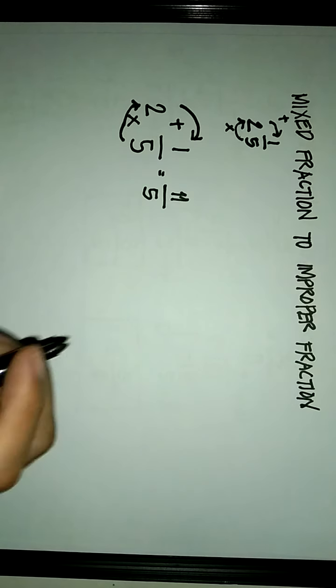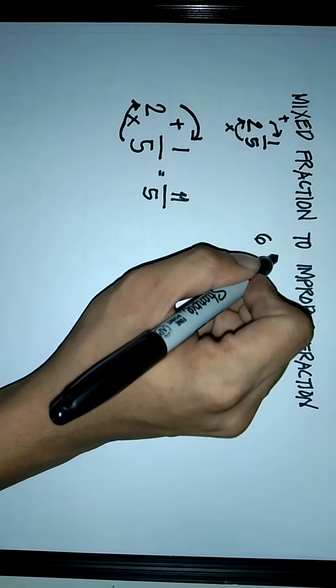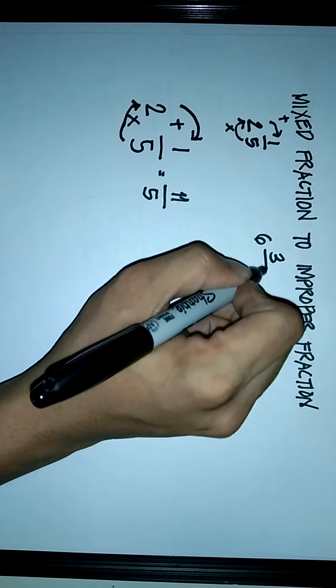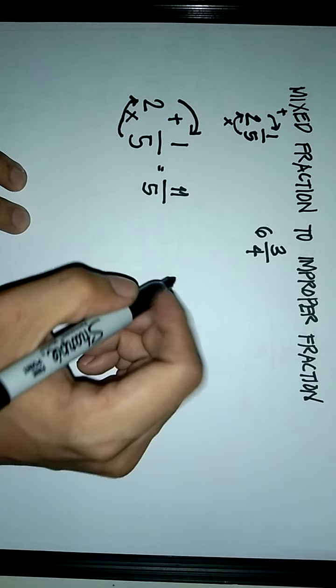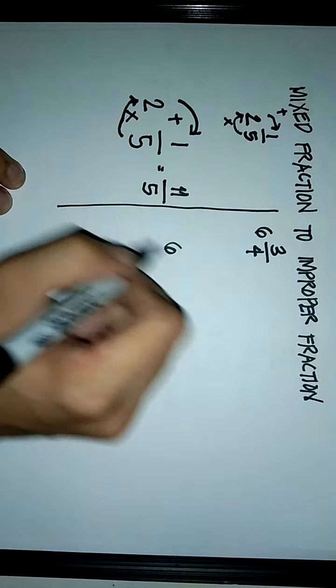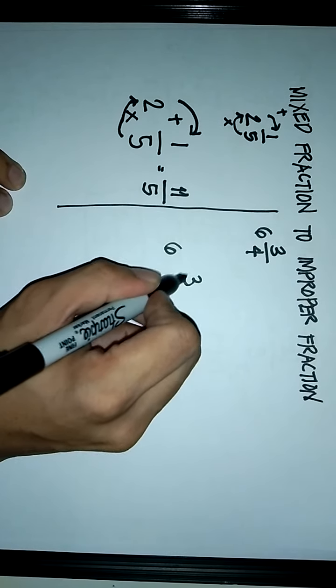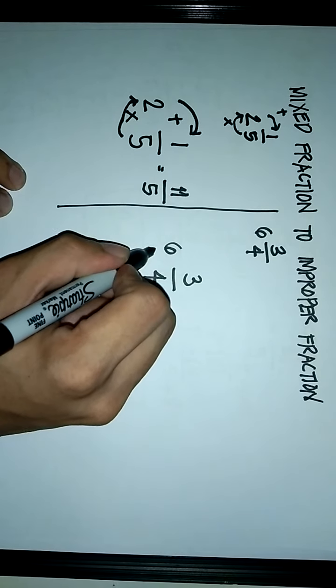Okay, next. What if we have 6 and 3/4? So, yun ulit ang gagawin natin. So, lalakihan ko ulit. So, we have 6 and then 3/4. We will multiply 4 by 6.